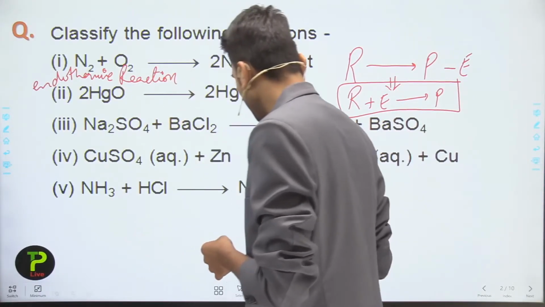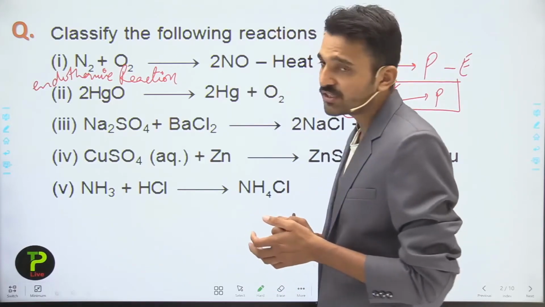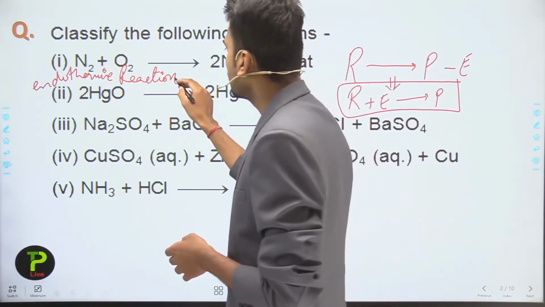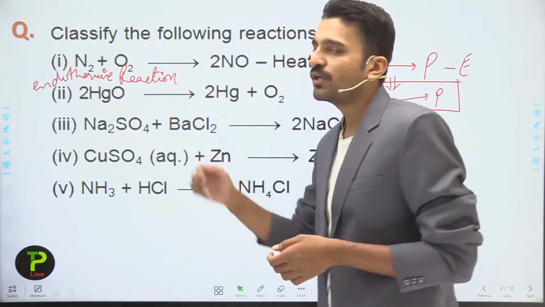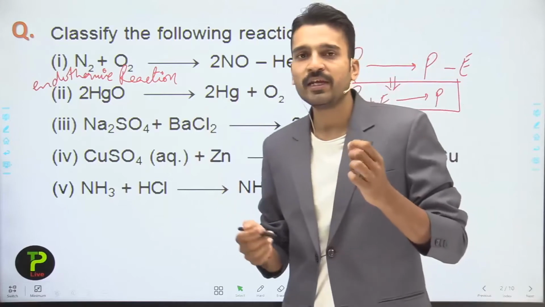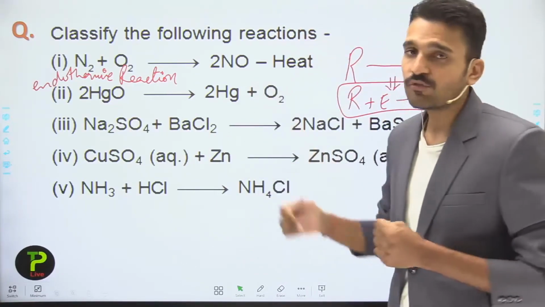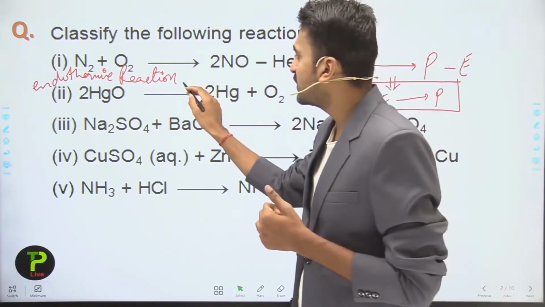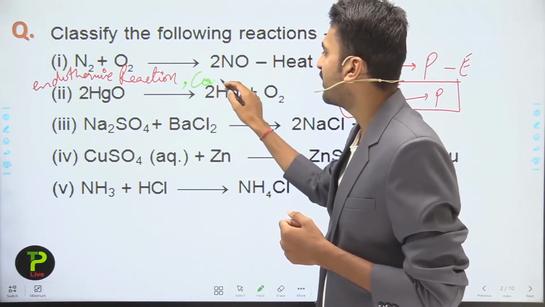Also, can you name it on the basis of another reaction? This particular reaction is a type of combination reaction in which nitrogen is combining with oxygen to form nitrous oxide.